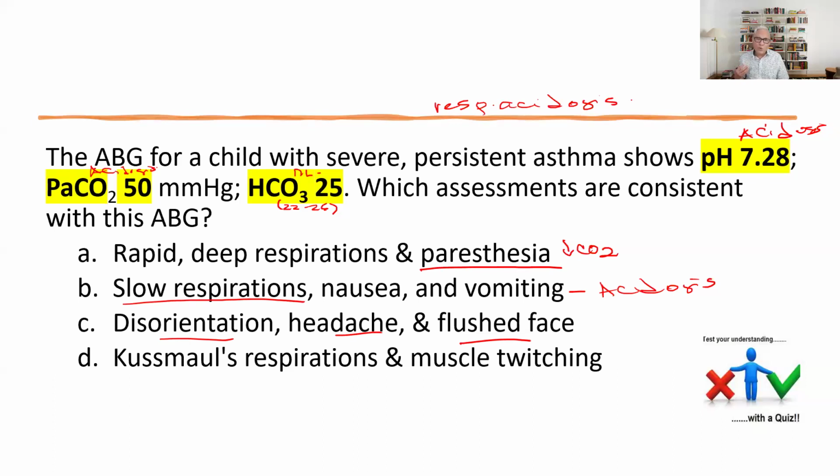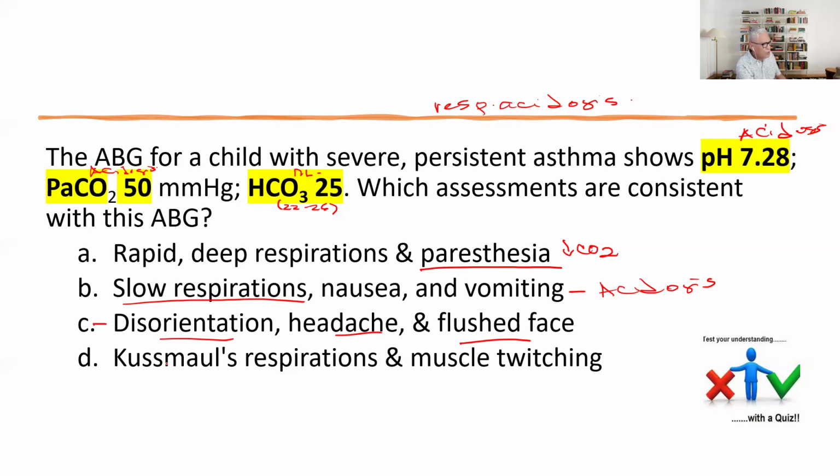Therefore, it causes disorientation, and the increase in carbon dioxide will usually cause vasodilation of the cerebral and peripheral vasculature, and that would be why a patient with this particular blood gas would be flushed as well as experiencing headache. So this might be correct.